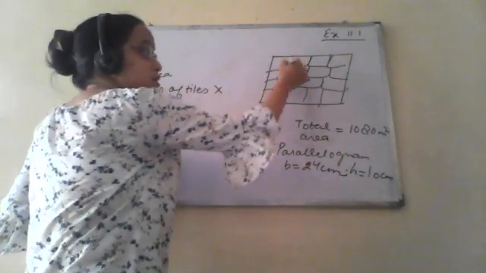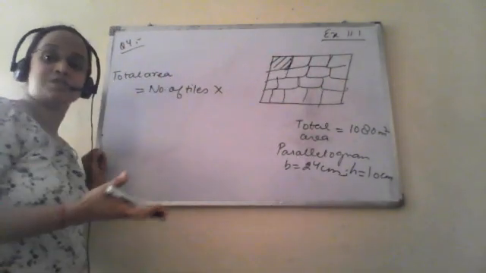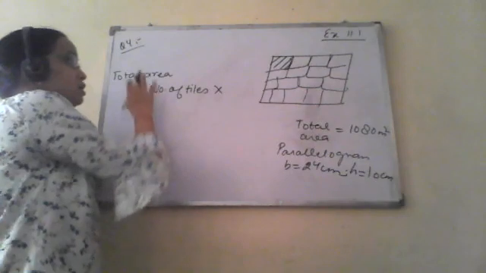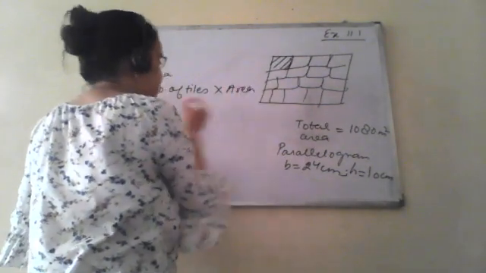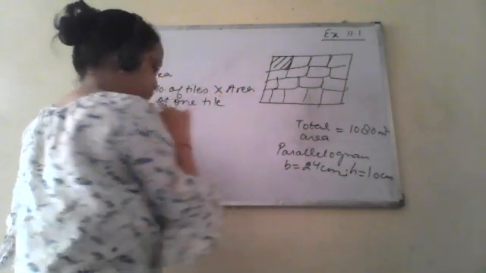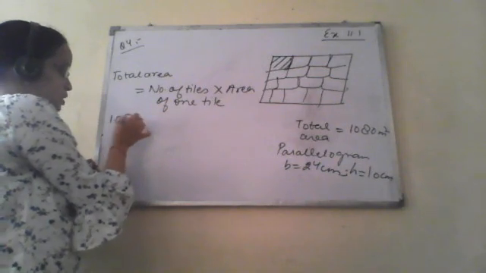If we multiply the area of one tile by how many tiles there are, we will get the total area. Clear? So total area we have been given is 1080.